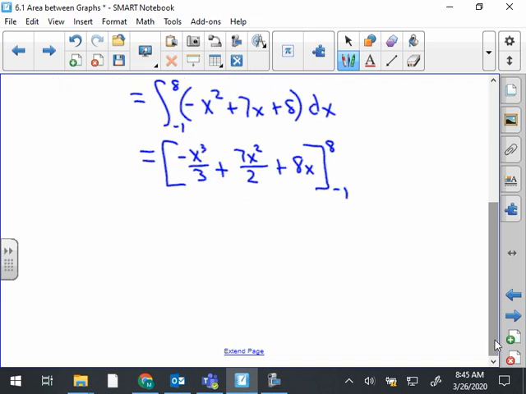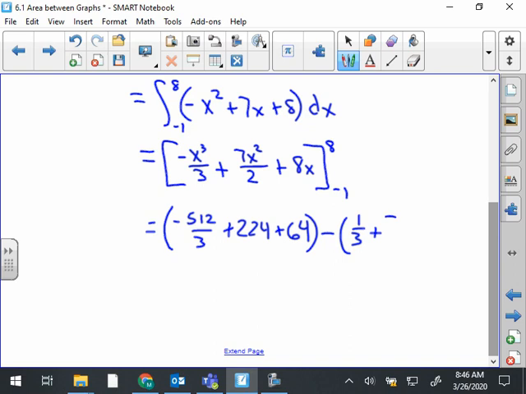And when I plug 8 in, I'm going to get negative 512 over 3 plus 224 plus 64. Right, and then when I plug in negative 1, I'm going to get 1/3 plus 7/2 minus 8.